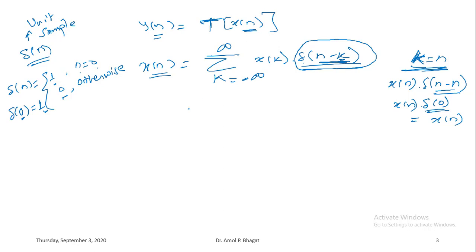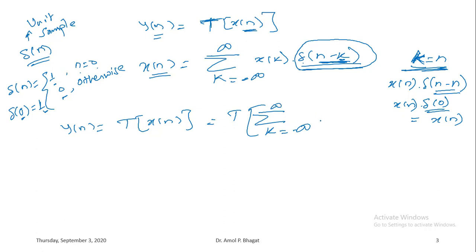Now we want to identify the response of the system, which means we are identifying y of n. We will give x of n as input to the system, but in this case this input x of n is now represented as the summation from k equals minus infinity to infinity of x of k into del of n minus k.